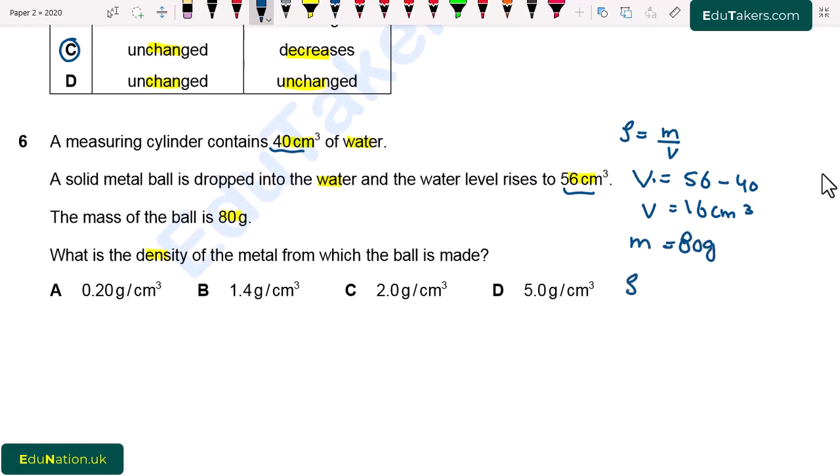So the density will be equal to mass is 80 divided by volume 16 cubic centimeter. The unit is gram over cubic centimeter because mass is measured in gram and volume in cubic centimeter. So from here option D is correct.